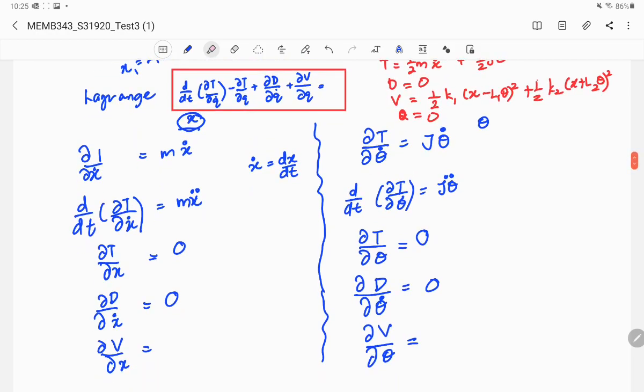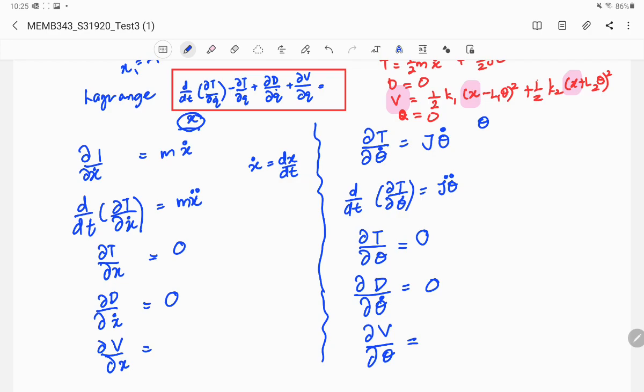So for dv/dx, you are referring to this equation for V with respect to x. If it is with respect to x, that means both terms are going to be there.